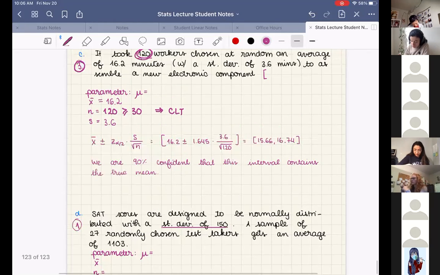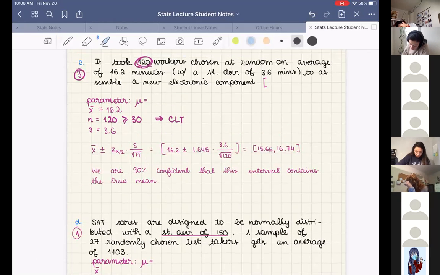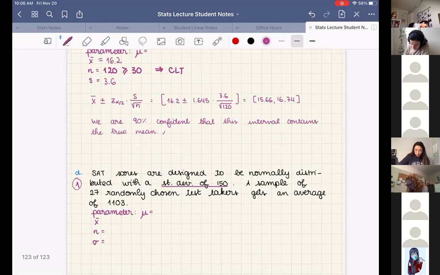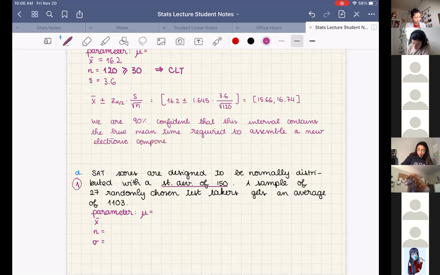Well, the true mean of what we're looking at here, which is the mean time to assemble a new electronic component. So the true mean time required to assemble a new electronic component.